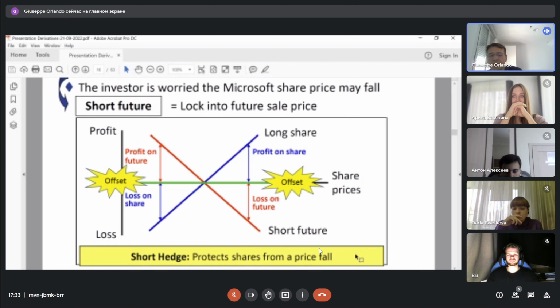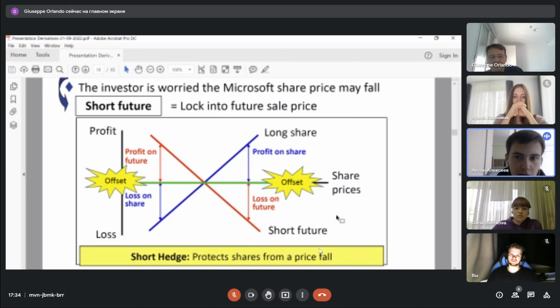And what should we do in this case? We buy either long share and short, maybe.